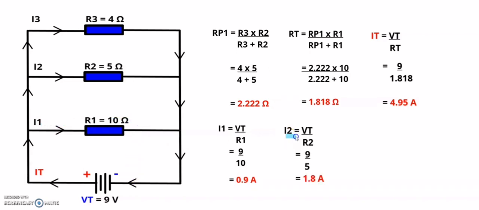My current I2 will then be V total divided by R2, which is 9 divided by 5, which will give me a current flow of 1.8 amps flowing through that resistor.